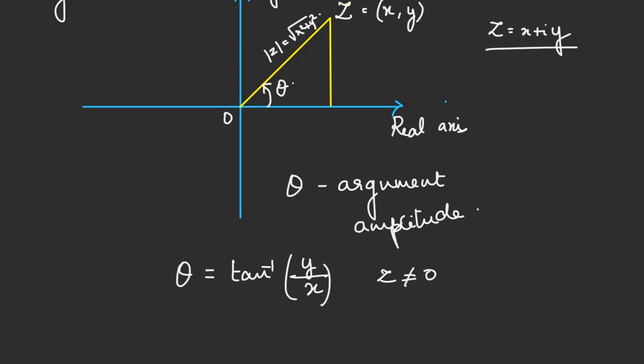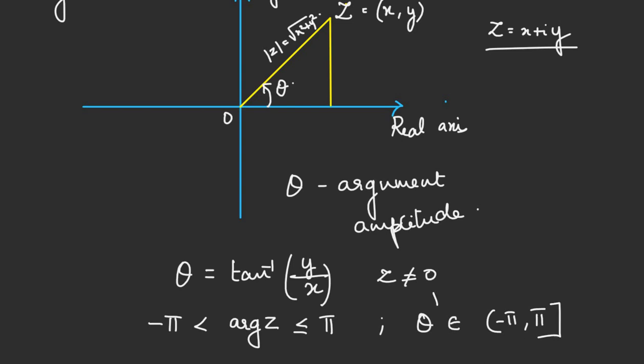The principal value of the argument of z is unique and satisfies that argument of z is less than or equal to pi, that is, theta belongs to the interval minus pi, pi closed.